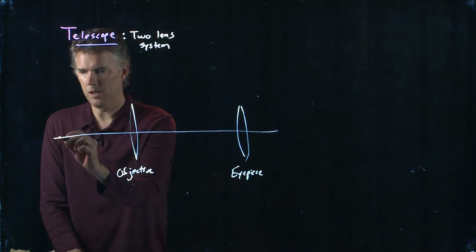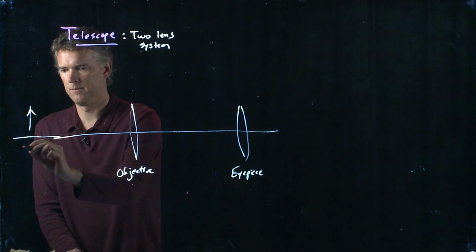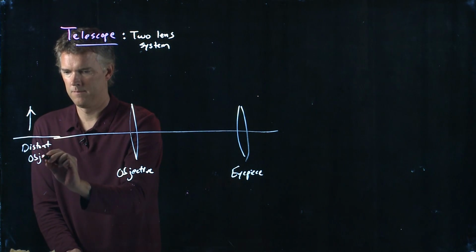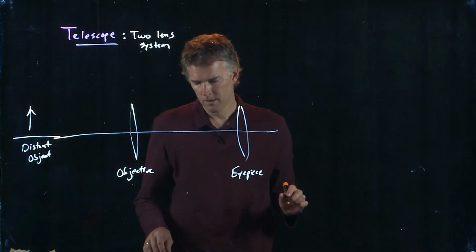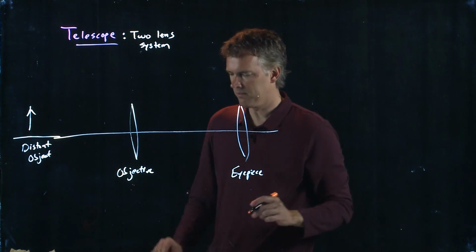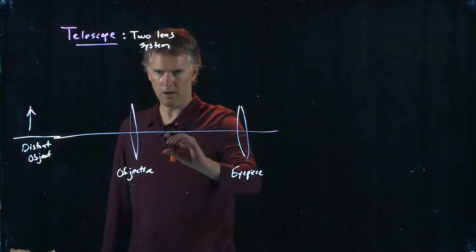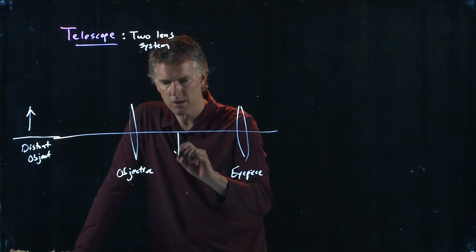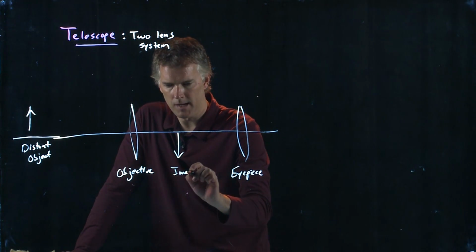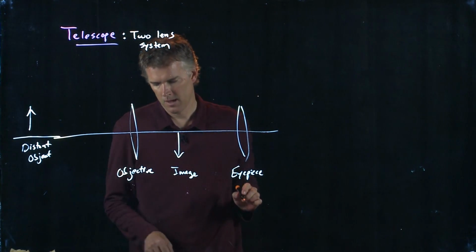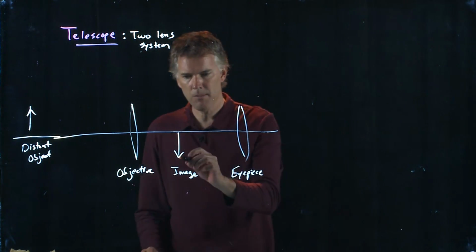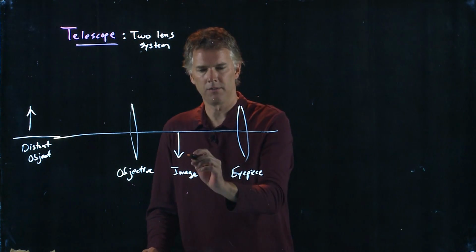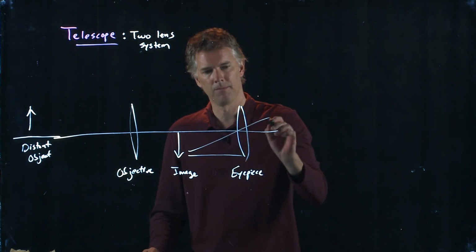And we want to see a distant object. The distant object means that the light rays coming in from it are nearly parallel, and so it's going to form an image right in here. And now you're going to image that image with the eyepiece to send it to your eyeball.